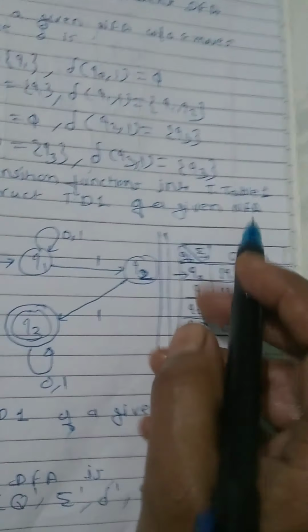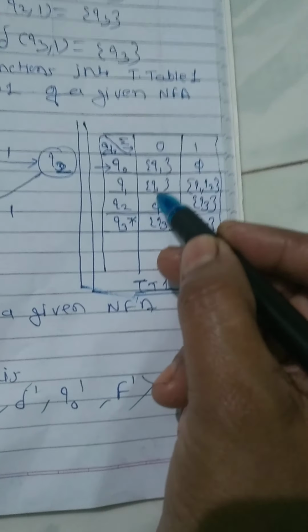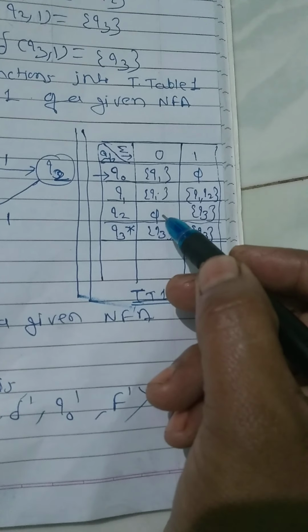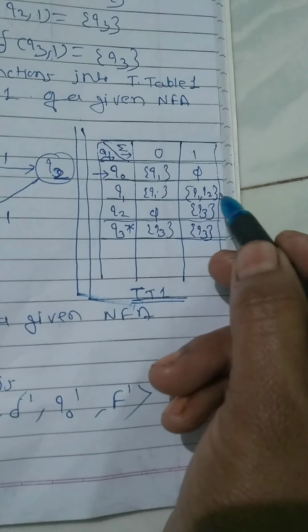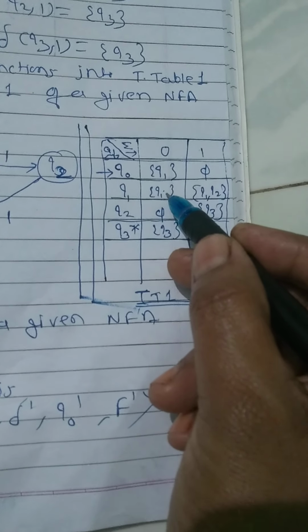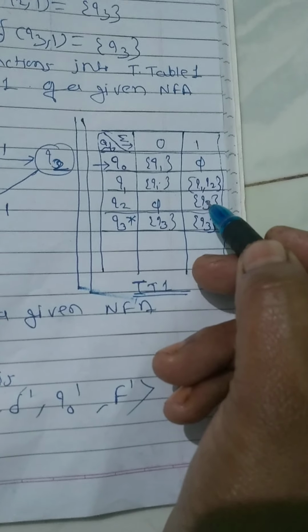Let's look into the previous table, transition table 1. Q1 and Q2: now take the union. The union for 0 is Q1, and the union for 1 is Q1, Q2, Q3. So in the 0 column we write Q1, and in the 1 column we write Q1, Q2, Q3.